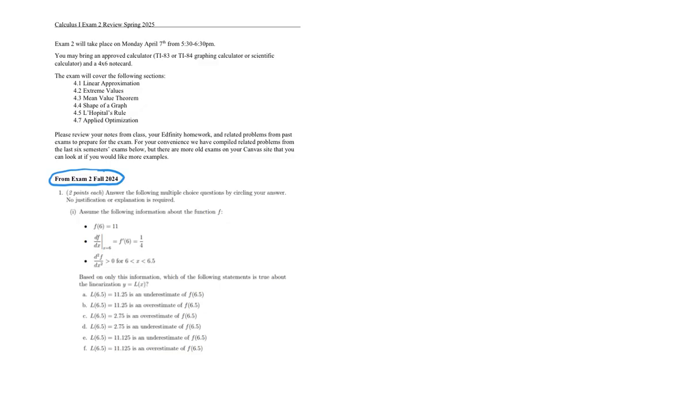Okay, so it says answer the following multiple choice questions. Assume the following information about the function f. We know f of 6 is 11, so I'm just going to go ahead and try to draw this out. We know that the derivative at 6, or f prime of 6, is 1/4.